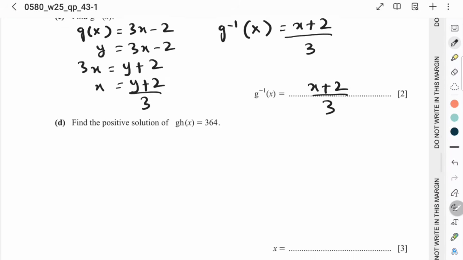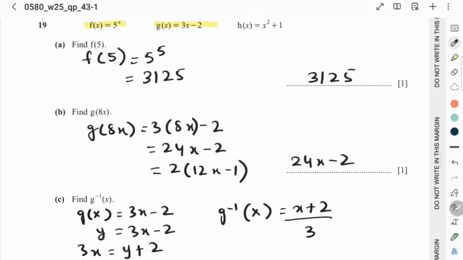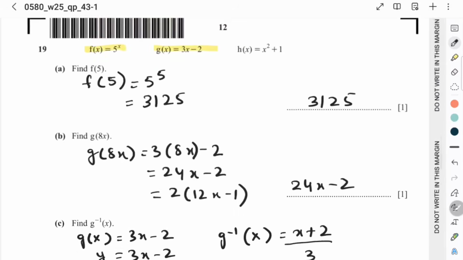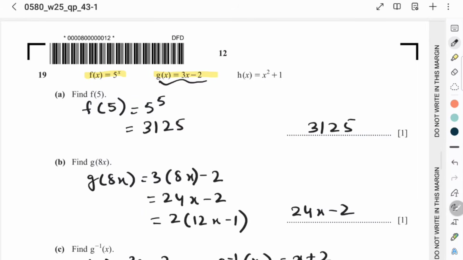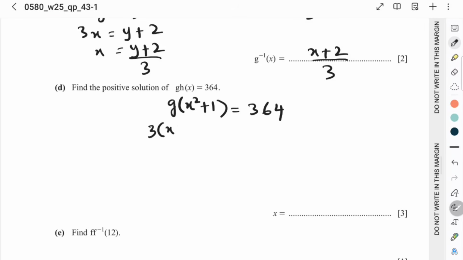Next part, find the positive solution of gh(x) equals 364. G of h(x): what is h(x)? h(x) is equal to x square plus 1. So in place of x in the function of g, just write x square plus 1: 3 times x square plus 1, minus 2.